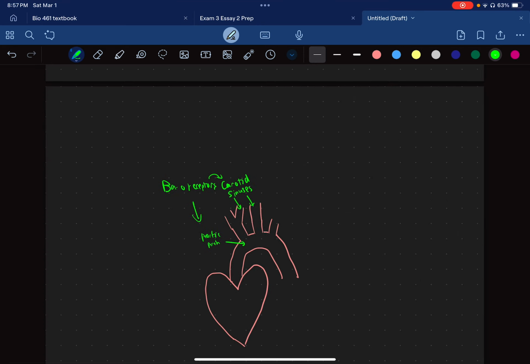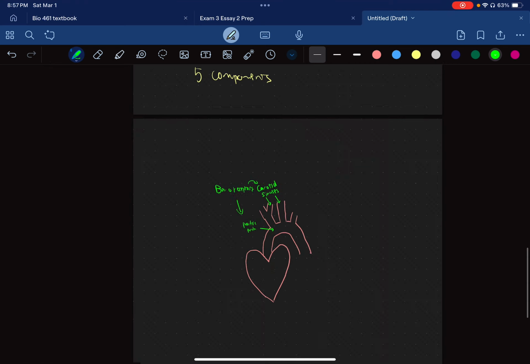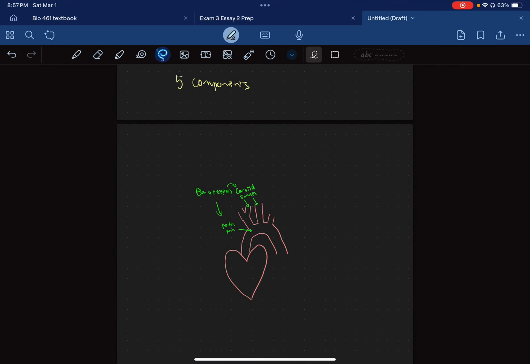They're going to be located there, and what the baroreceptors are doing, they're actually stretch receptors. So they're going to be sensing a stretch in the wall of the arteries. So anytime there's increased blood pressure, that's going to increase stretch, which will cause the baroreceptors to send action potentials up to the brain.